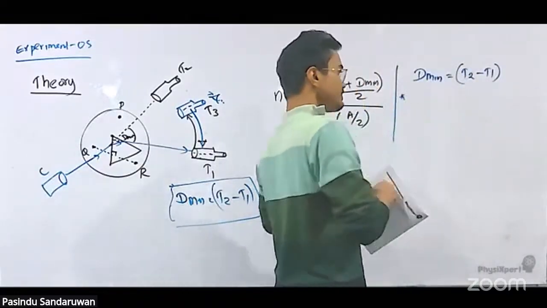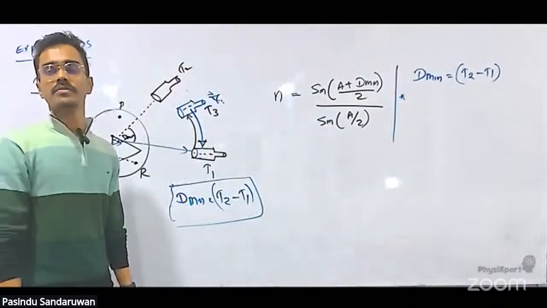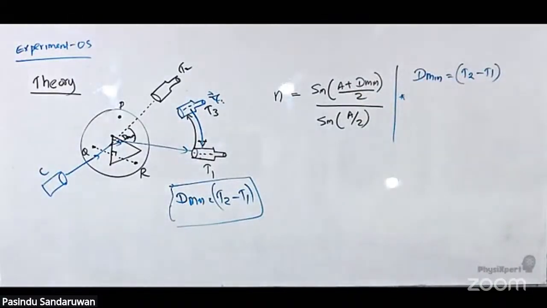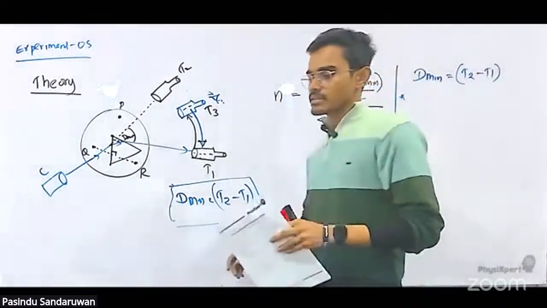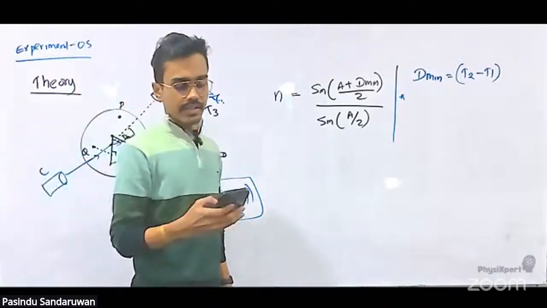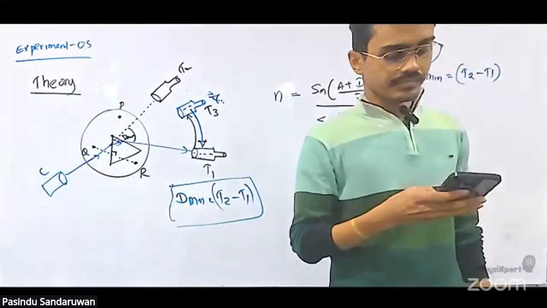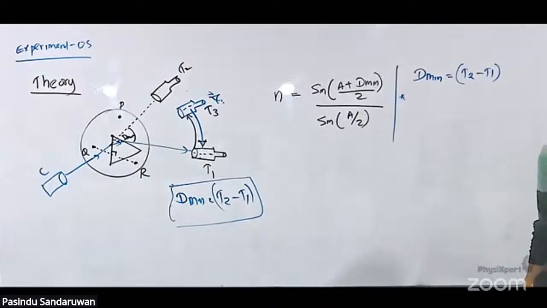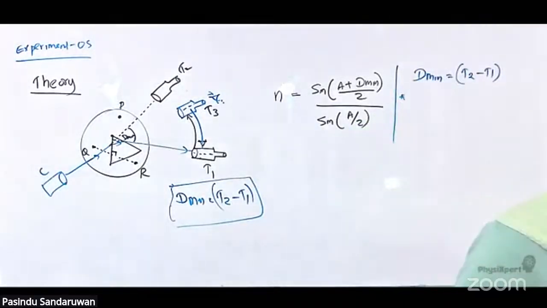The next point, the refractive index of the prism material can be determined using the equation discussed under theory.